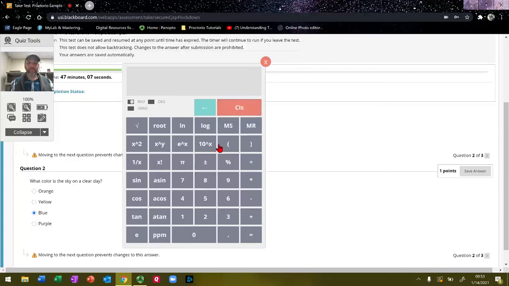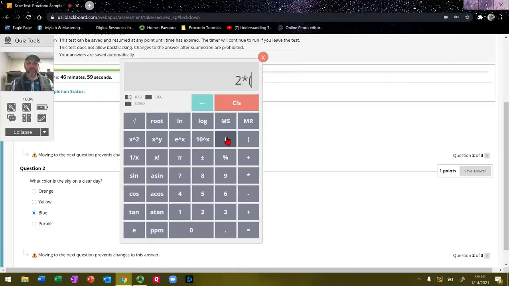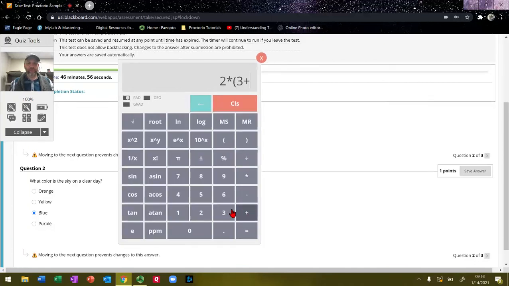We also have parentheses here, so let's say we did 2 times, and then in parentheses 3 plus 1. That should give us 8, right? Because we've all had math and algebra, and we know we do the things in parentheses first.